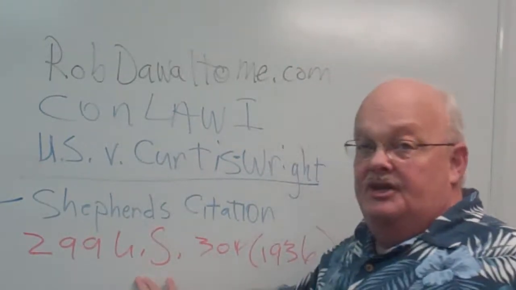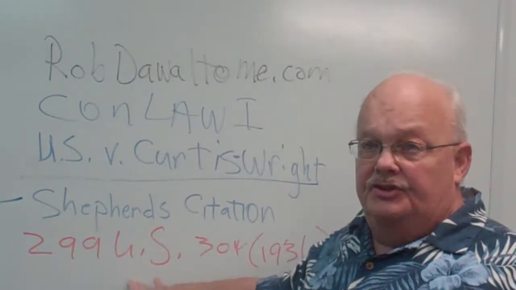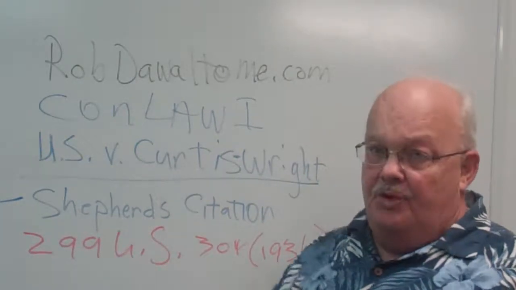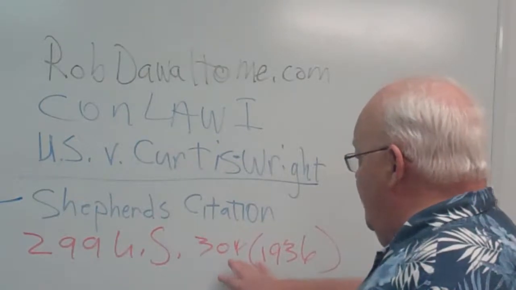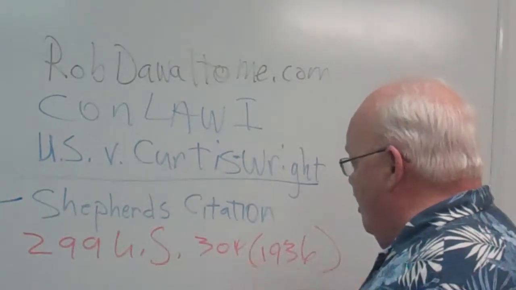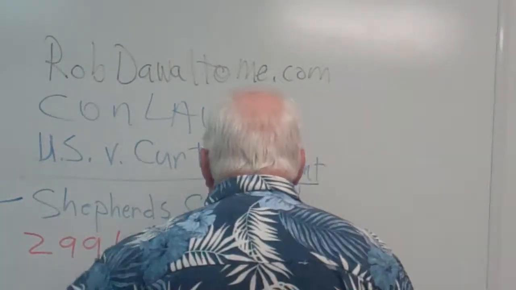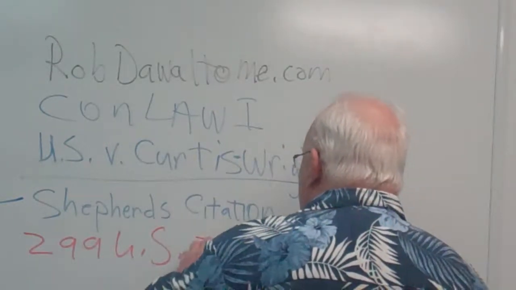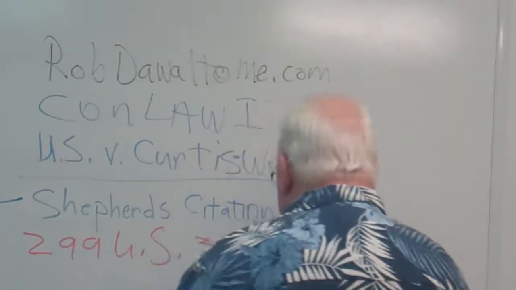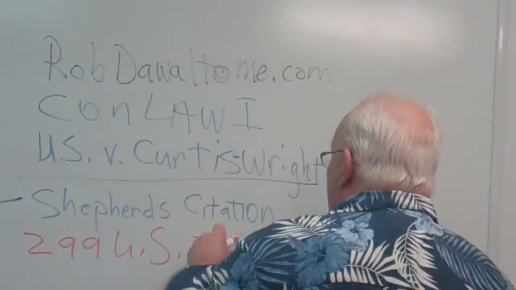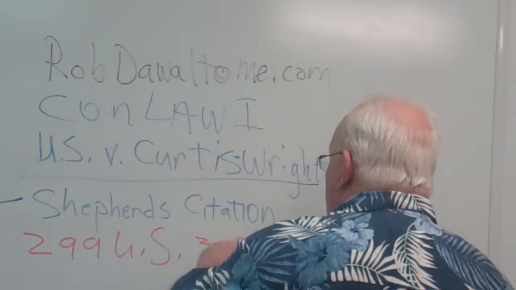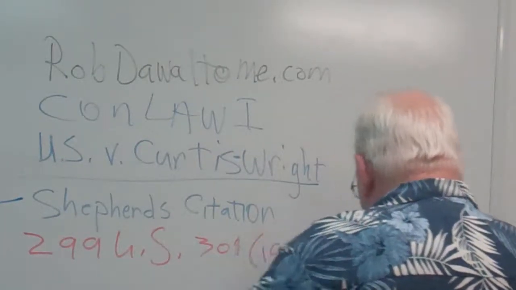This is the United States Reporter. That's the reporter that the Supreme Court puts out. They put out these books so that lawyers can read them, okay? And this is page number 304. That's not a very good 4. But also, as a way of indicating how to find it if you need to find it again, it would be in the year 1936, okay?